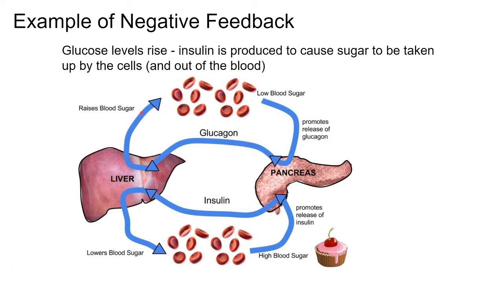If your blood sugar is low, your pancreas causes your liver to release glucagon and glucose, which causes your blood sugar level to rise. So basically the pancreas works with the liver and uses insulin and glucagon hormones to either increase or decrease your blood sugar level to where it needs to be. Somebody with diabetes, we'll talk about this later, can't control that.